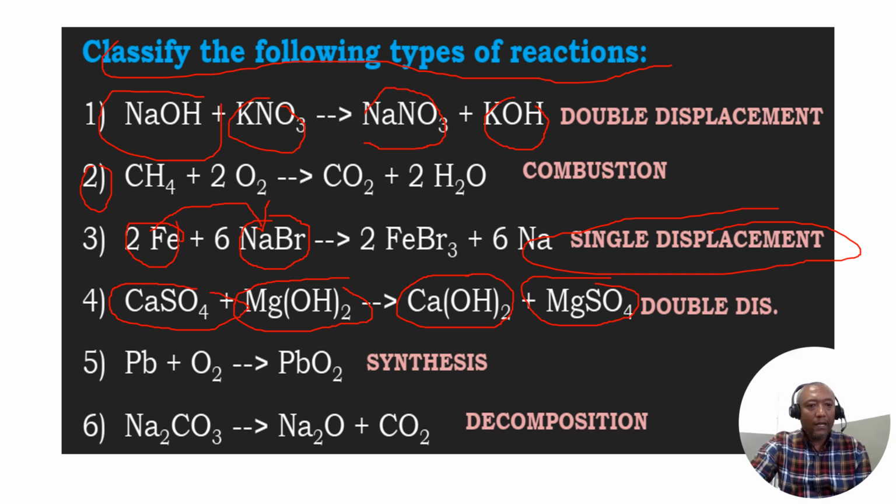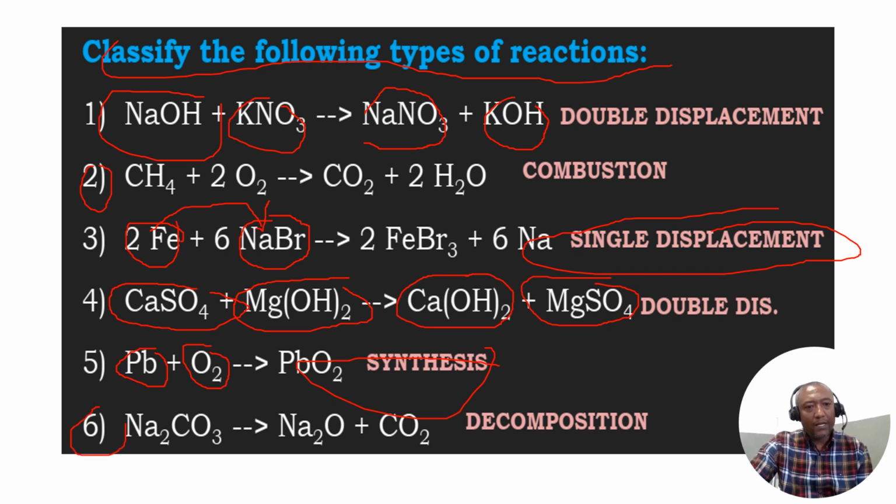But in number 5, you have lead treated with oxygen and lead bromide is formed. This one satisfies the synthesis parameter. Why? Because we are uniting two things together to form only one single product. That's why it is synthesis type of reaction.